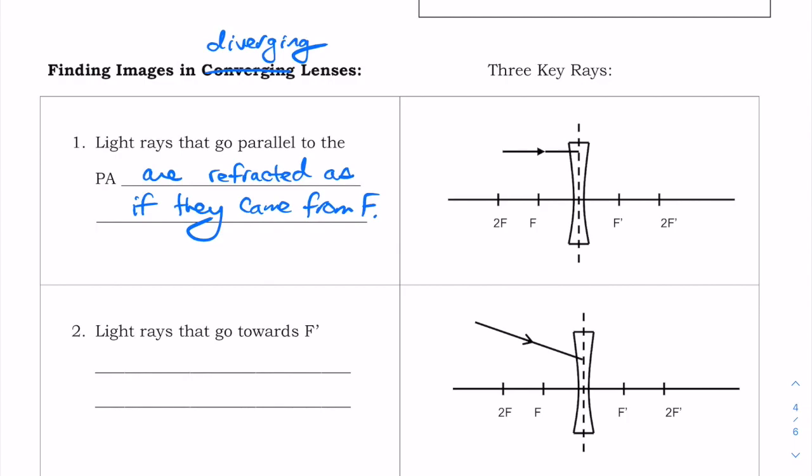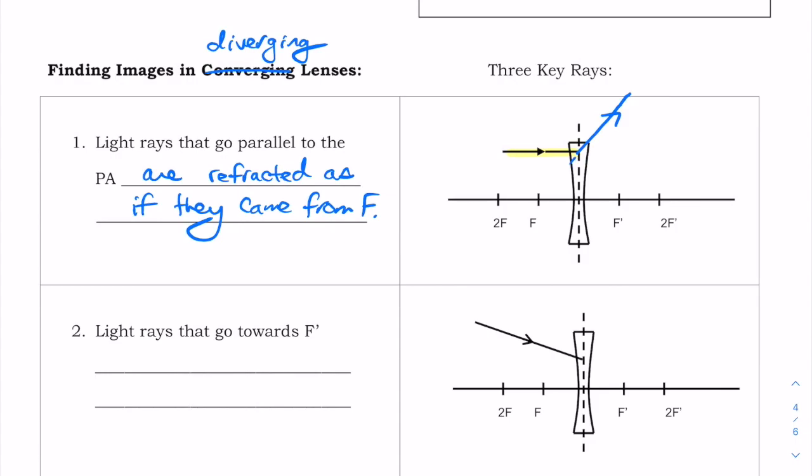Here's our incoming ray of light parallel to the principal axis. It hits the diverging lens, and as the name suggests, it diverges, like this. Diverges means to move away or spread out. That ray of light is going to appear like it came from F. So just extend it using the dotted line.